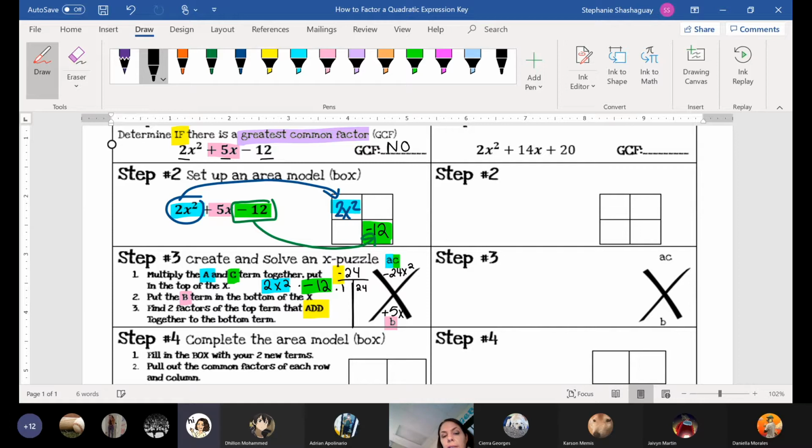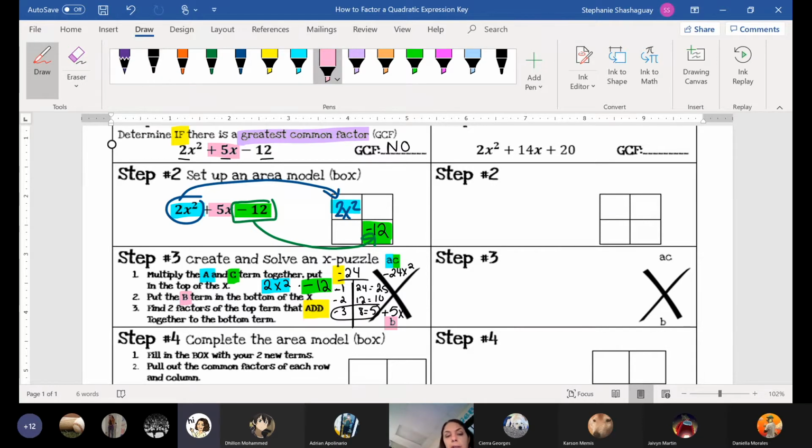So if we have negative 1 times 24, if we add those together, we're going to get 25. If we have negative 2 times 12, if we add those together, we're going to get a positive 10. If we do a negative 3 times 8, if we add those together, we get 5.